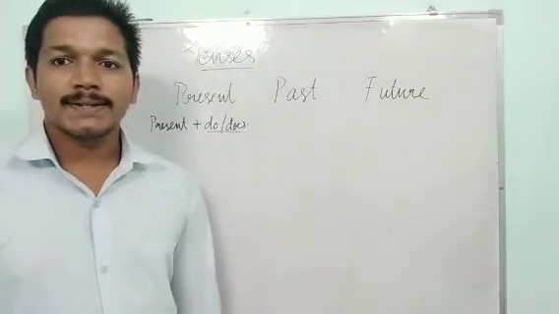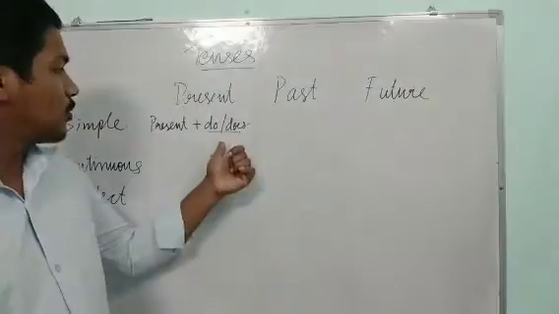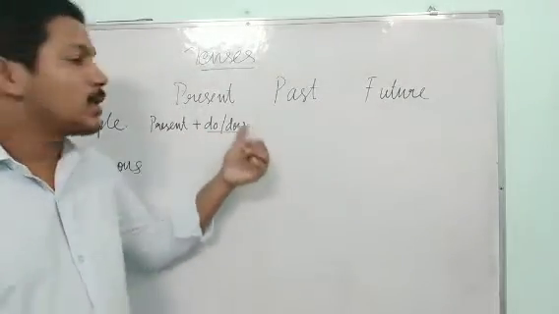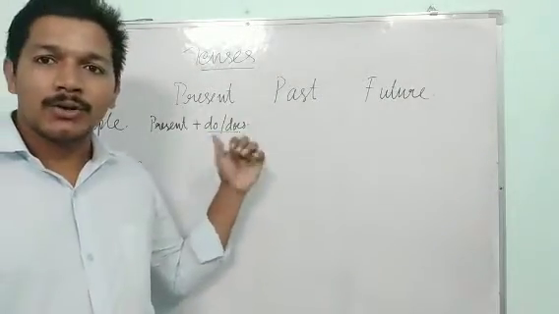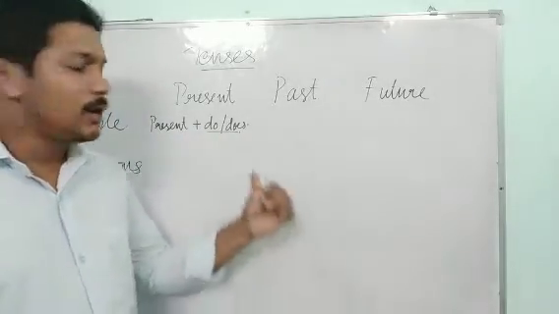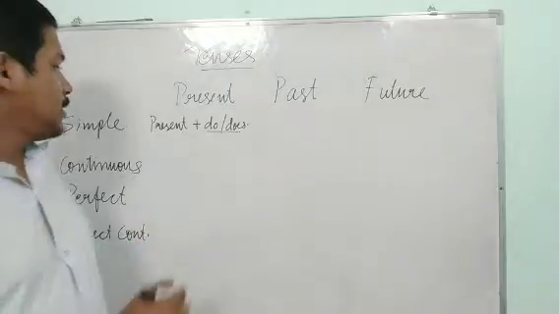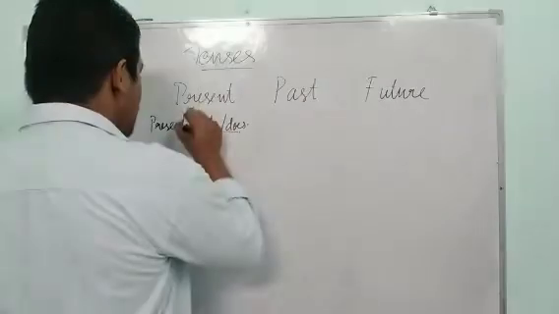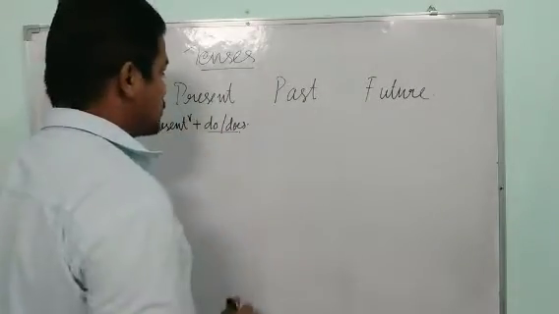One more technique is there which is to be remembered, and I will also tell you that. Now we will discuss the auxiliary verbs and the verb: present verb plus do or does.